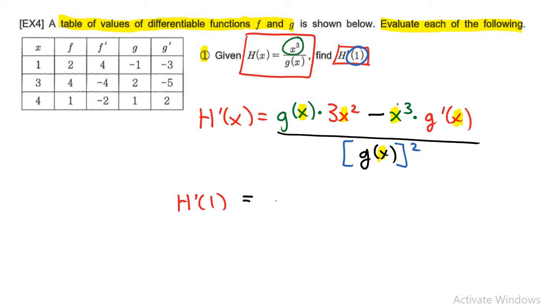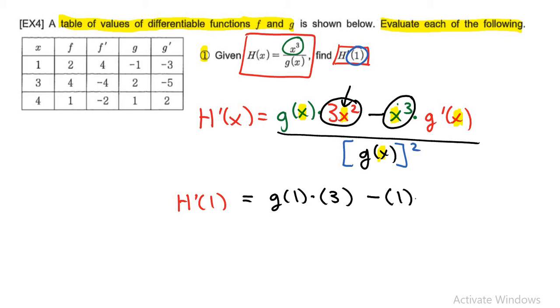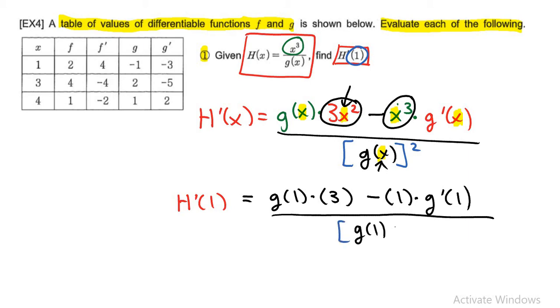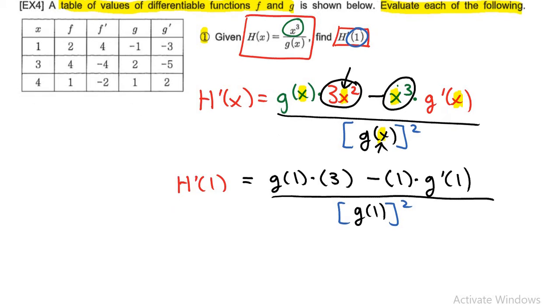So this is going to be equal to g of 1 times, well, if x equals 1 here, that's the same thing as 3 times 1, and 3 times 1 is 3, minus, if I plug in 1 here, 1 to the power of 3 will be just 1, times g prime of 1, all over, if I plug in 1 here, that's going to be g of 1, and g of 1 is all being squared.